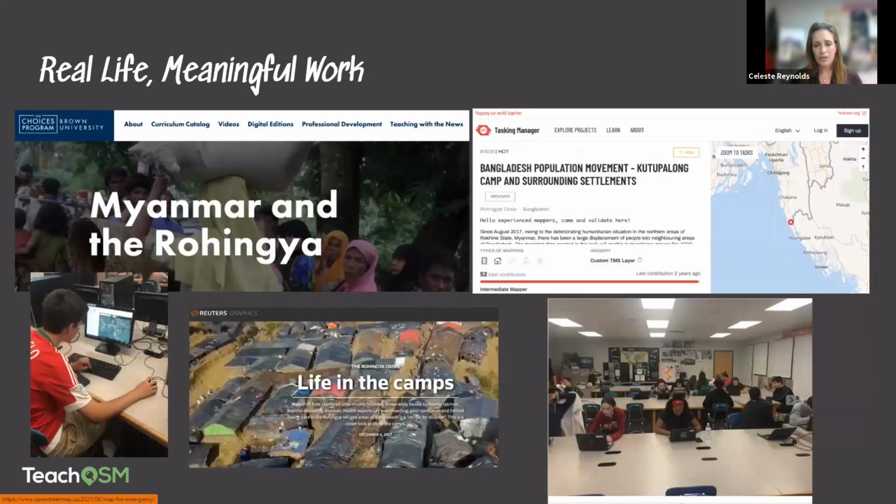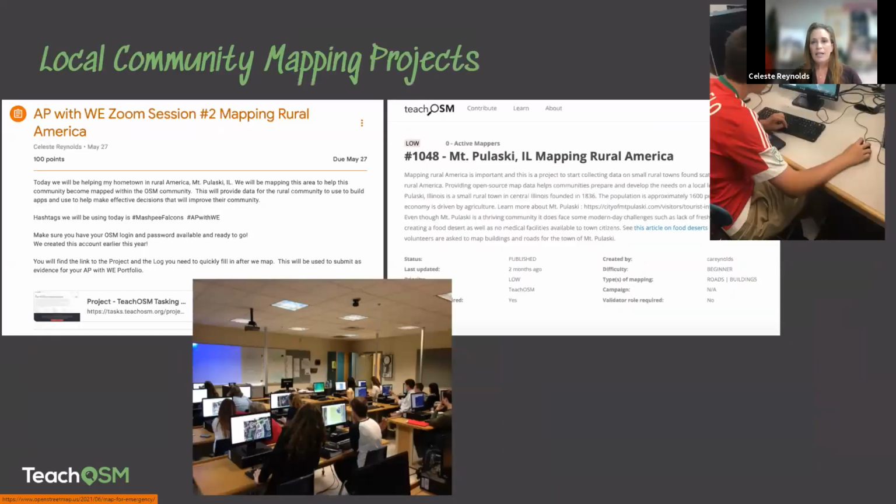And here's another example of what we did another time that we were doing mapping in the classroom. So when I teach human geography, I'm originally from Illinois. And so one of the things that I'll do is I use my hometown, Mount Pulaski, because it's so different from where I'm from.